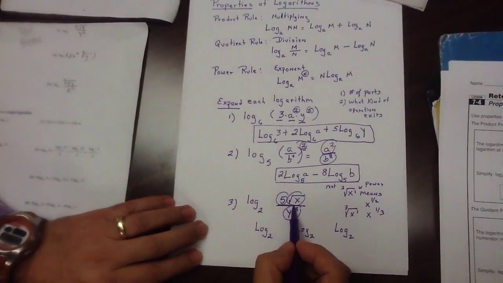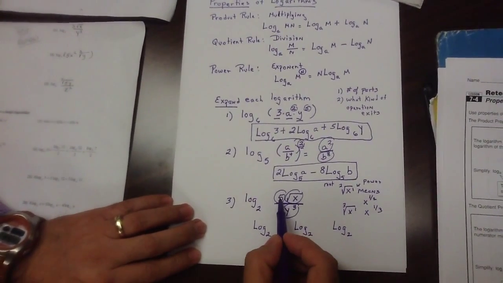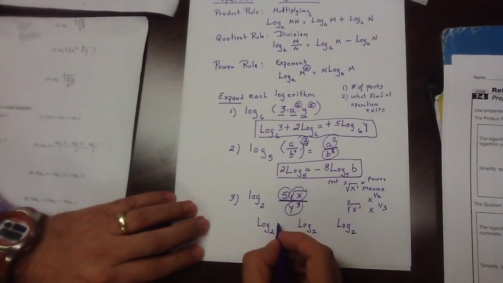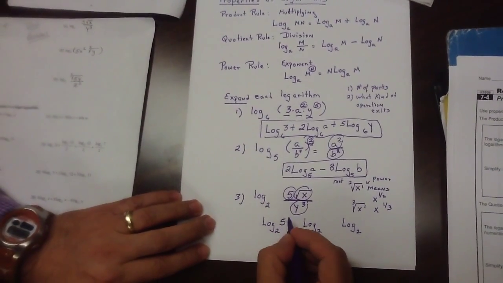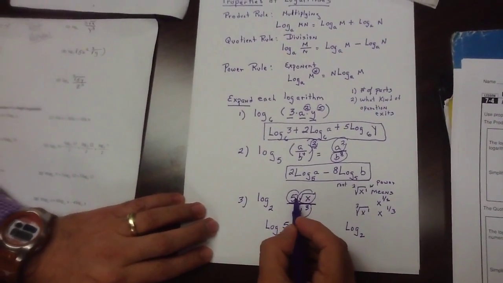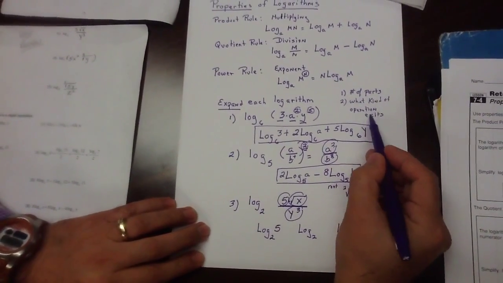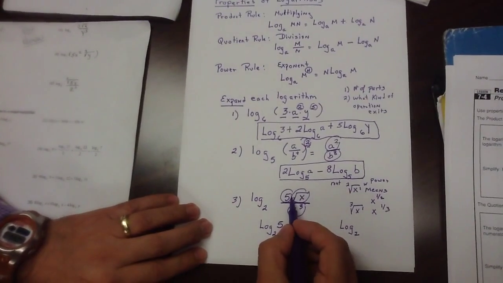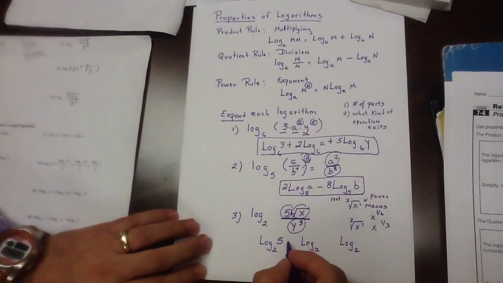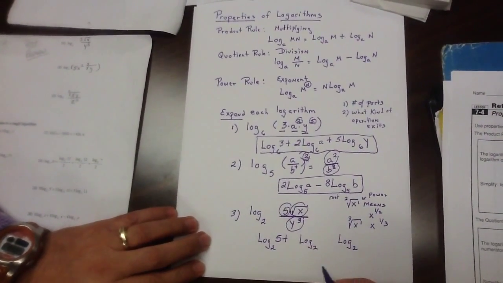Look at the top part, my numerator. I have a 5 and only a 5, so I write it right here. In between this, there's no sign, so that's a times. Remember, what kind of operation exists is the second step. Times means plus, so we're going to put a plus.